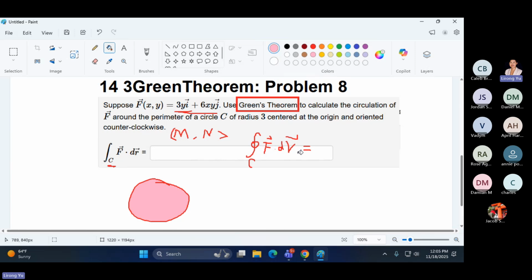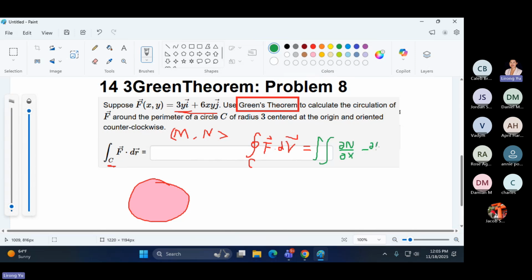In the middle, you're converting this to a double integral. Your integration region is exactly this area inside. So this is equal to a double integral of dN/dx minus dM/dy.